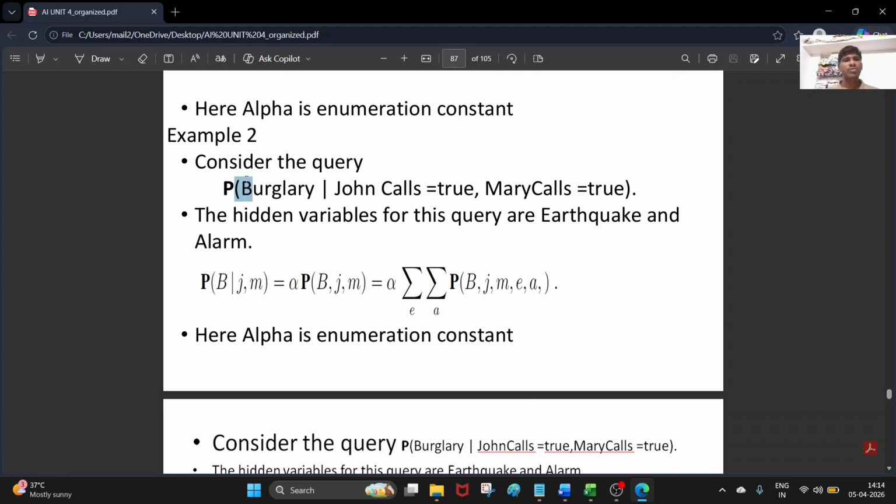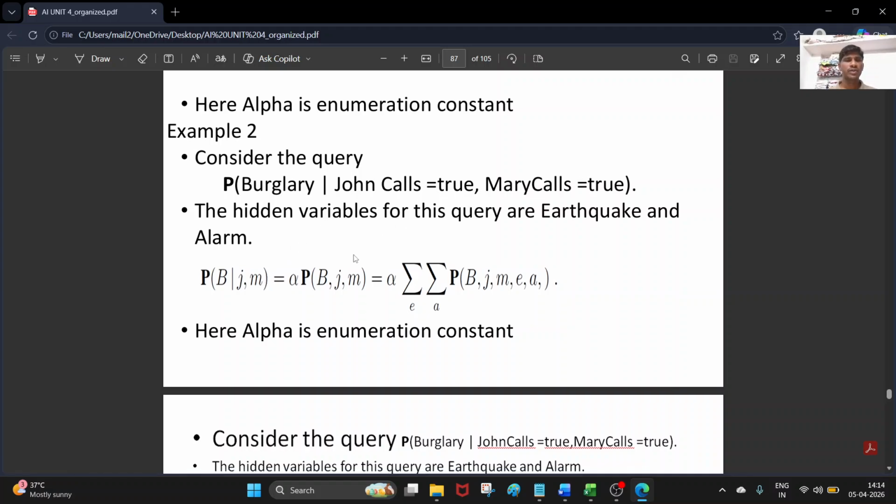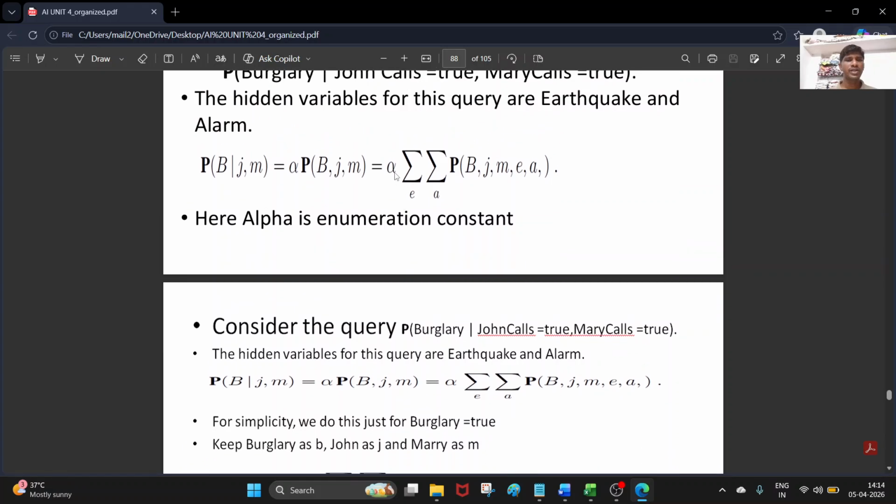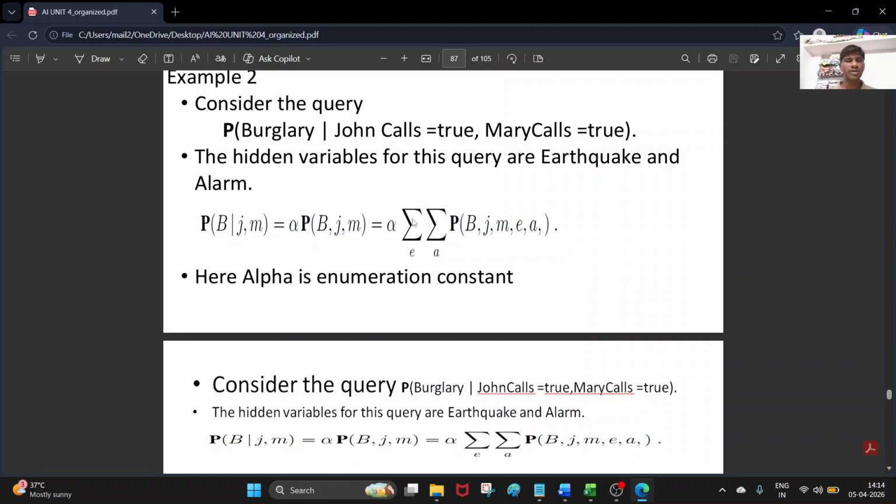Similarly, the second example, the burglary query. Here burglary is the query variable, and John calls equal to true and Mary calls equal to true is the event. So this can be rewritten with alpha. The number of hidden variables is the number of summations you have to use. Here the hidden variables for this query are earthquake and alarm.